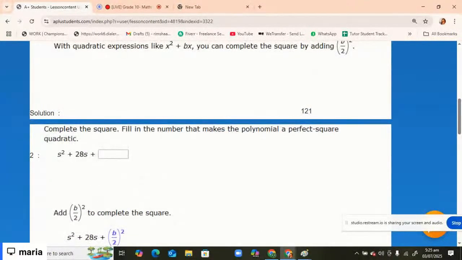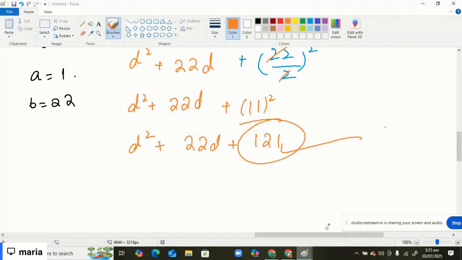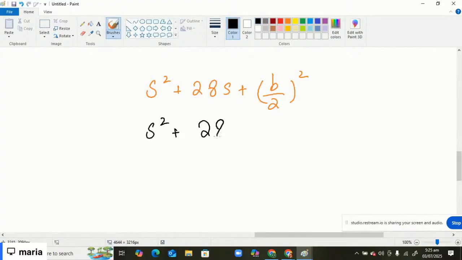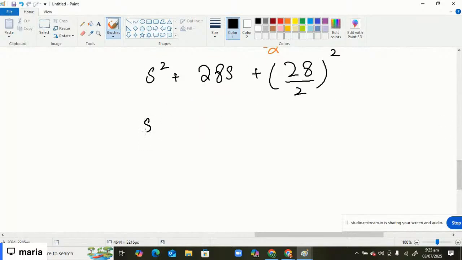Now for this, complete the square, fill in the numbers that make the polynomial a perfect square quadratic. s square plus 28s plus, what is b? b by 2 whole square, 28 over 2 whole square.